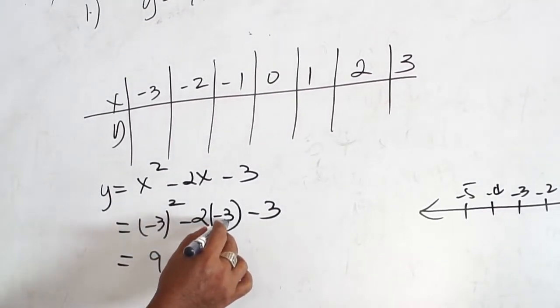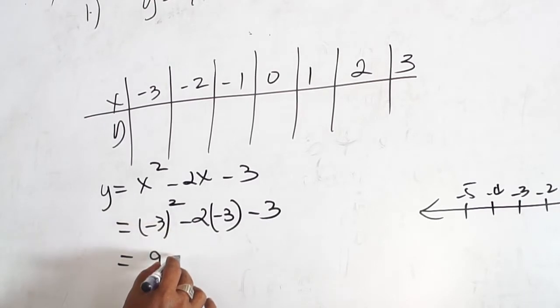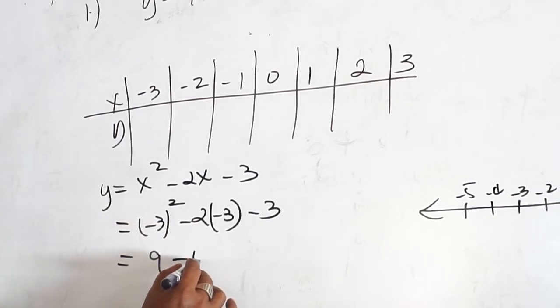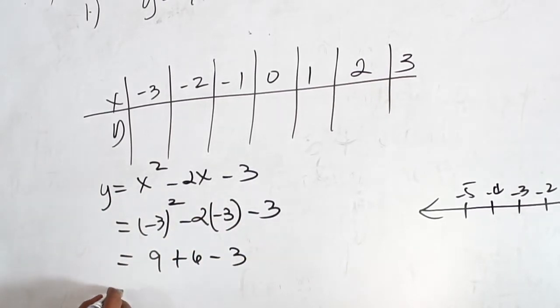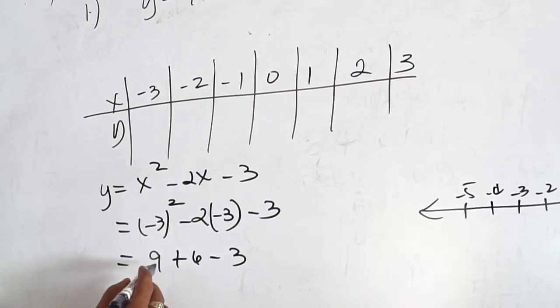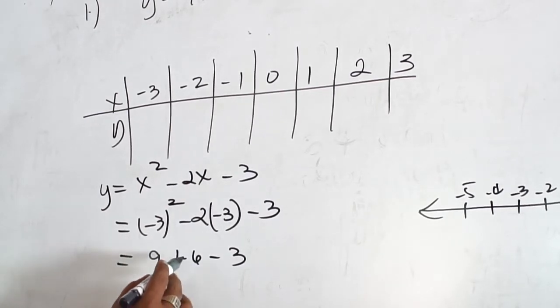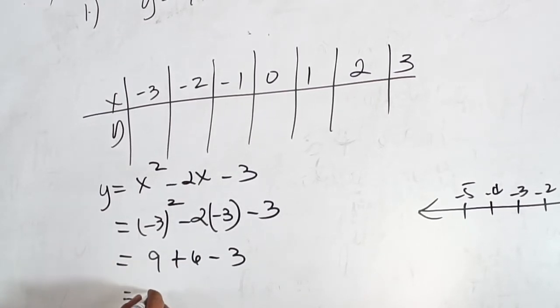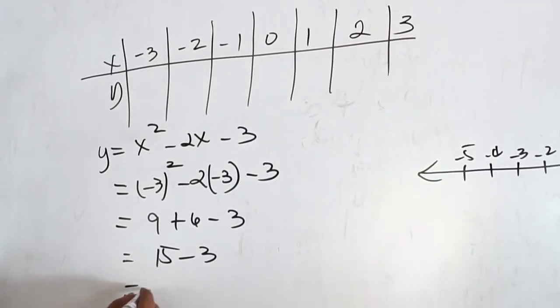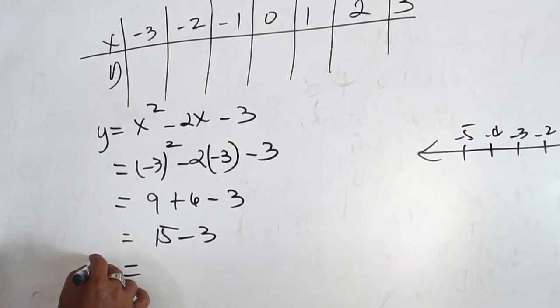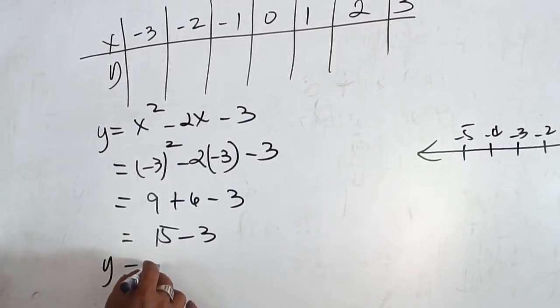Negative 3 multiplied by negative 2 is positive 6. Then we have negative 3. Combine: positive 9 plus positive 6 is 15, then minus 3, so the value of y is 12.